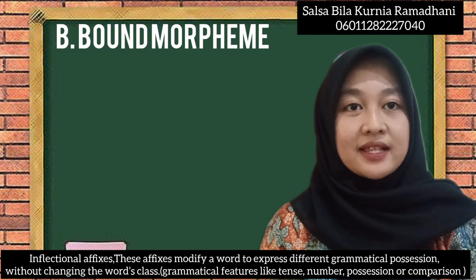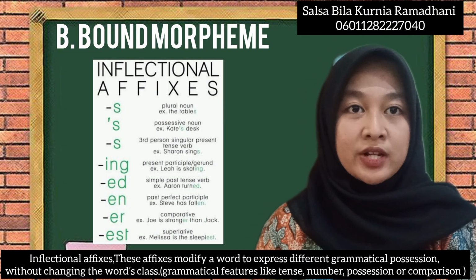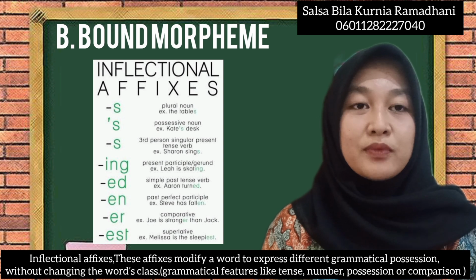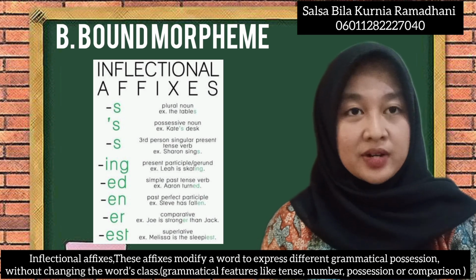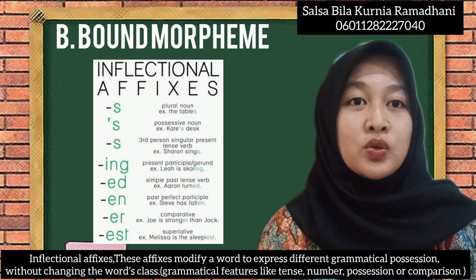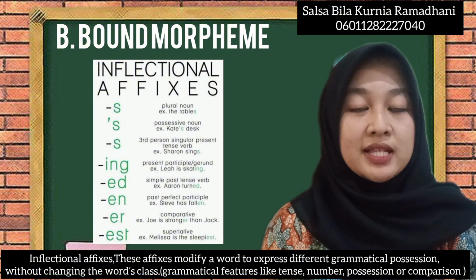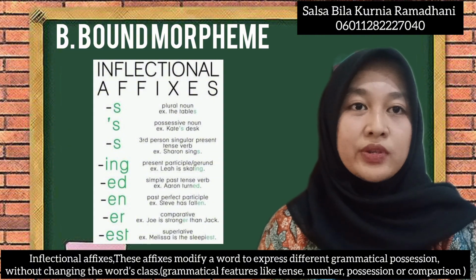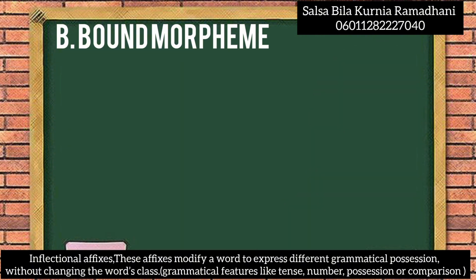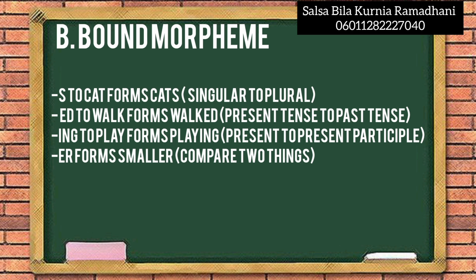Inflectional affixes modify a word to express different grammatical positions without changing the word class, or to express grammatical features like tense, number, possession, or comparison. For example, adding "s" to cat forms cats, which means singular to plural.